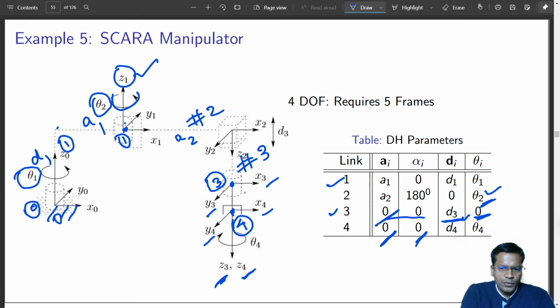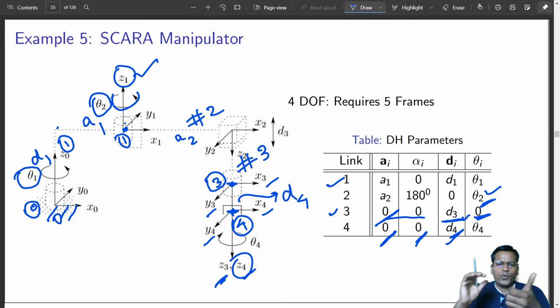Whereas now you have a distance between point 3 and point 4, measured along the z axis. This is your distance d4, and that is static, it is not rotating. What is rotating is the whole of frame 4 with respect to frame 3 about the z axis by an angle theta 4.